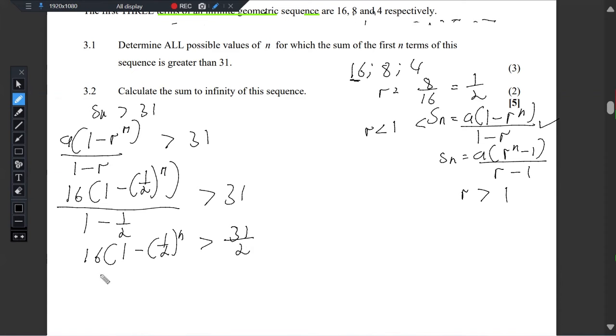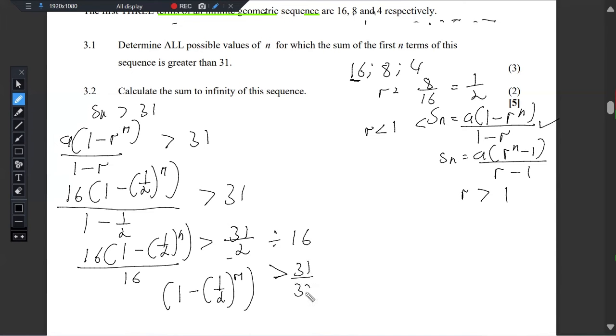Now you also want to get rid of the 16 here, so you can divide both sides by 16. Remember, saying over and divide by 16 is one and the same thing. So if you say 31 divided by 2 divided by 16, this will give us 1 minus 1/2 to the exponent of n, greater than 31/32.